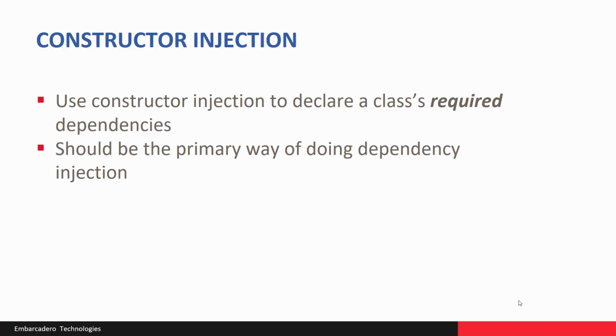This should be the primary way of doing dependency injection. A class has a set of dependencies, hopefully only 1 or 2, maybe 3, but if it gets past that, then you should think about breaking that class into smaller classes, not subclasses. And those dependencies that you inject through the constructor should be the required dependencies for the class.